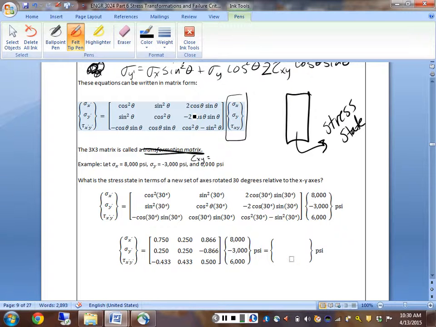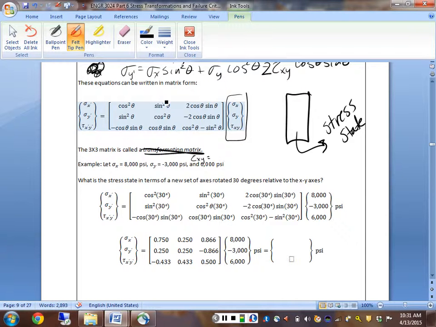Got to remember your sign conventions. A plus tau is when the stress on the plus x face is in the plus y direction. So you draw that guy, and then you draw this guy to match it. So this is what my little cube of material looks like if I draw that arbitrary stress state.